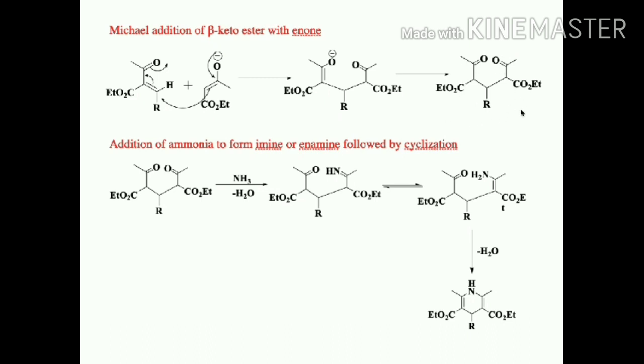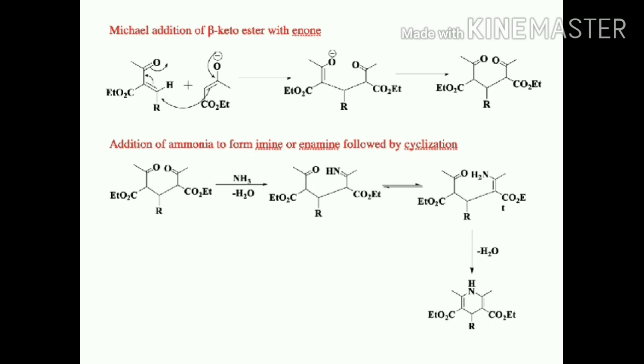So this second intermediate is now going to combine with ammonia. That is called an addition reaction, and it is going to form imine or enamine. Whatever imine or enamine is formed in this stage will undergo a cyclization reaction by the loss of a water molecule to give dihydropyridine, or reduced pyridine.